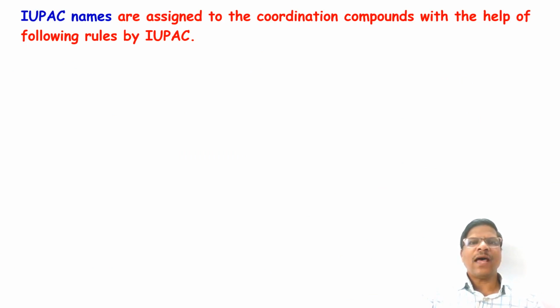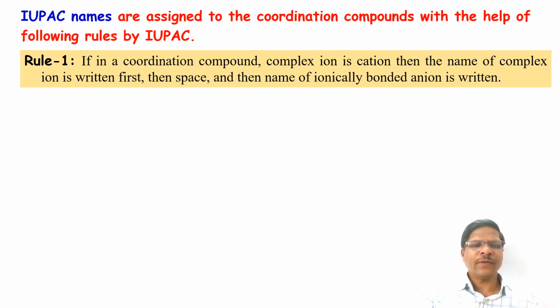IUPAC names are assigned to the coordination compound with the help of rules issued by IUPAC, that is International Union of Pure and Applied Chemistry. So the rule number 1: if in a coordination compound the complex ion is a cation.